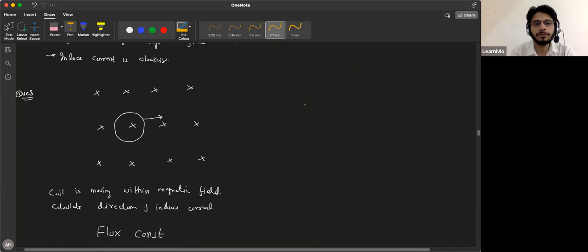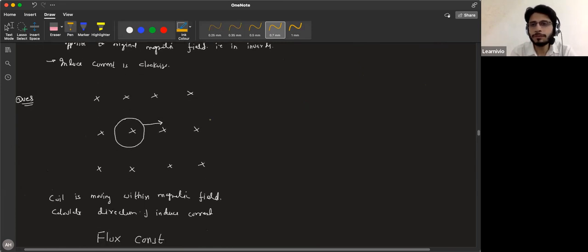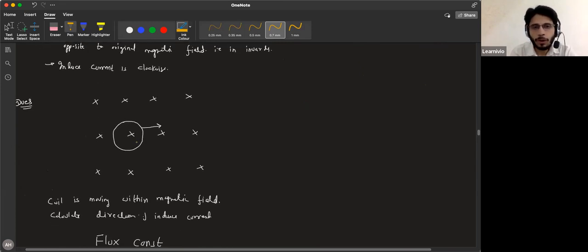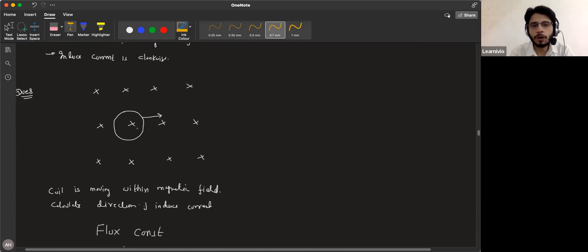See the next question. The next question says, this is a coil and this coil is moving within the magnetic field. It's neither going inside the magnetic field nor going outside the magnetic field. This is moving within the magnetic field only. So if the coil is moving within the magnetic field, that means there is no change in flux linked with the coil.